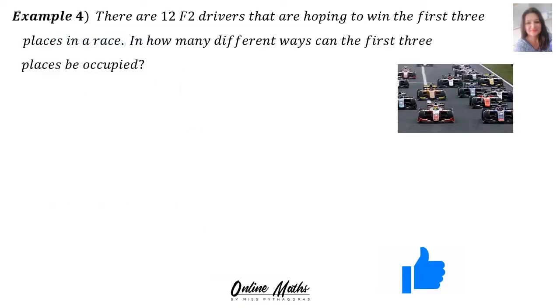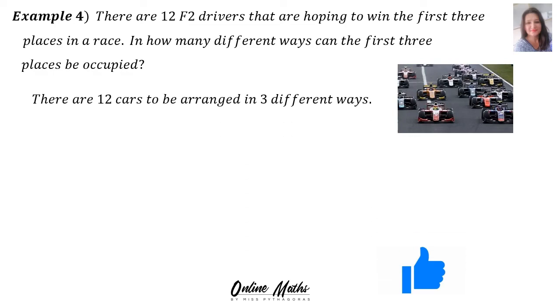Example 4. There are 12 F2 drivers that are hoping to win the first 3 places in a race. In how many different ways can the first 3 places be occupied? Now, there are 12 cars to be arranged in 3 different ways.